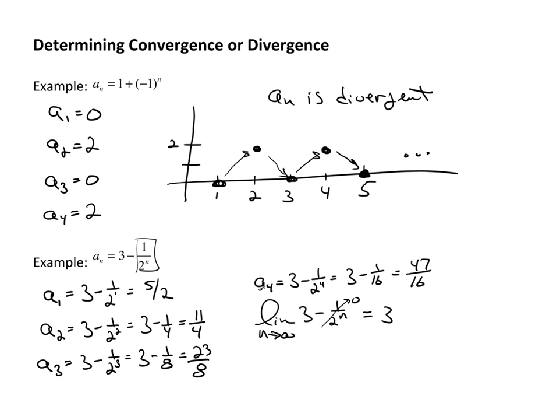If I keep going with a5, a6, a7, I should very quickly convince myself that this is getting closer and closer to 3. Therefore, in this case, a_n converges to 3.